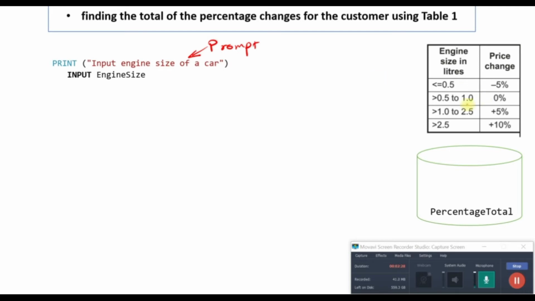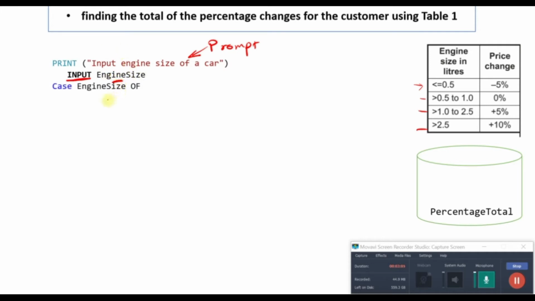This is the first input, so the user will input one of these values: 0.5 or less, between 0.5 and 1, more than 1 up to 2.5, and then greater than 2.5, so the price change will be plus 10%. So the user will input the engine size. How can we keyword this? By using this word, input engine size. So this is the variable that we have declared earlier.